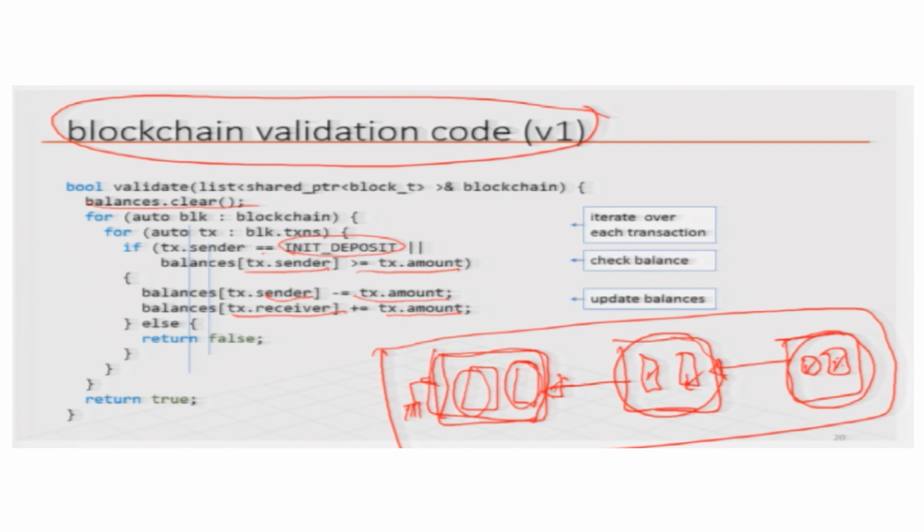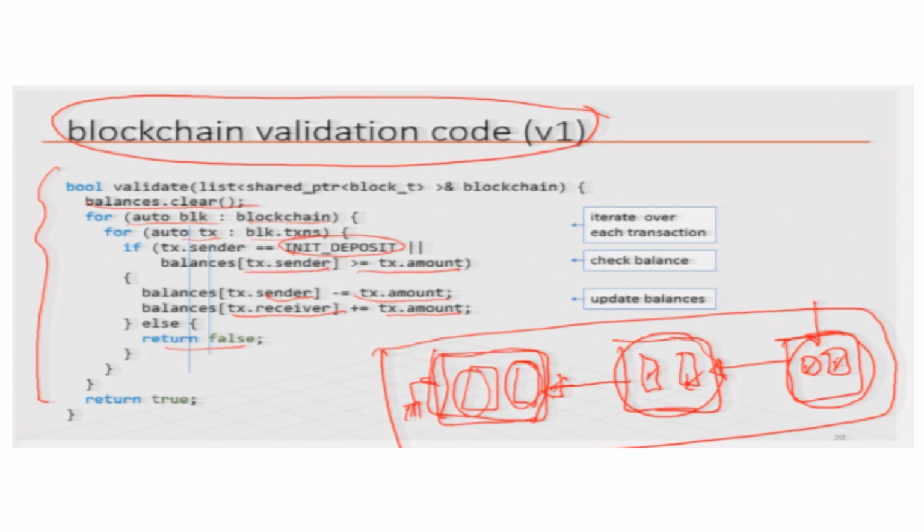And if this transaction is neither an initial deposit nor has the sender's balance greater than or equal to the transaction amount, then we return false. That means this code is for validating transactions, right. So, we are basically looking at all transactions. Here you see that we are doing auto blk in blockchain and auto tx in block dot transactions.